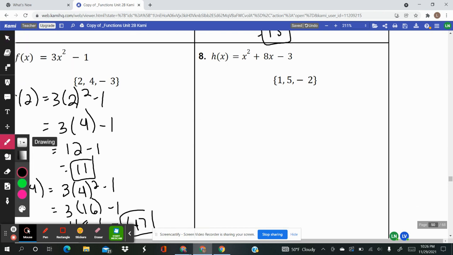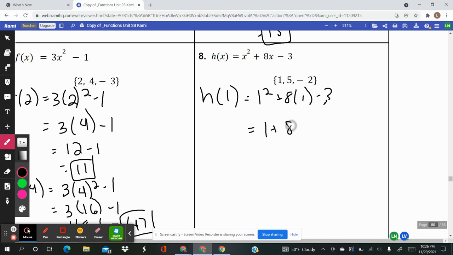Number 8. H of x equals x squared plus 8x minus 3. So we have h of 1 for our first value. So 1 squared plus 8 times 1 minus 3. So 1 plus 8 minus 3. 9 minus 3 becomes 6.